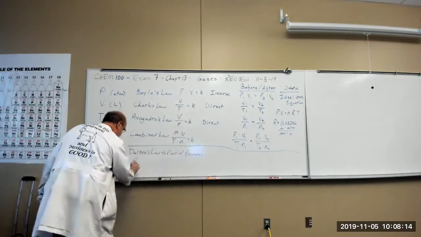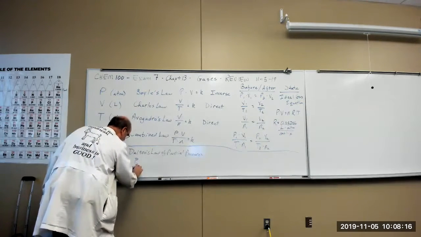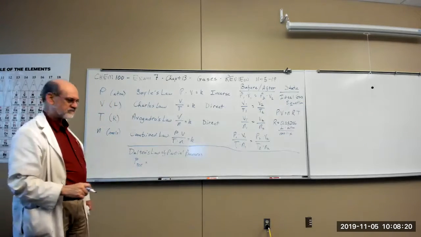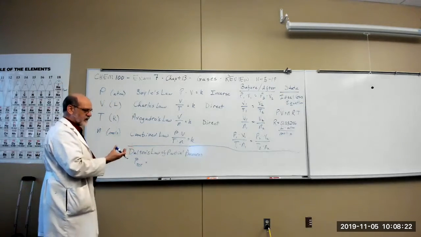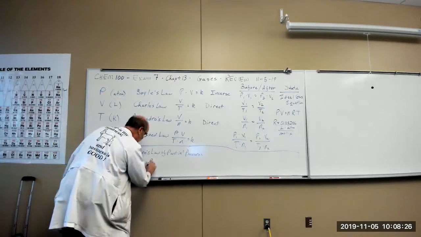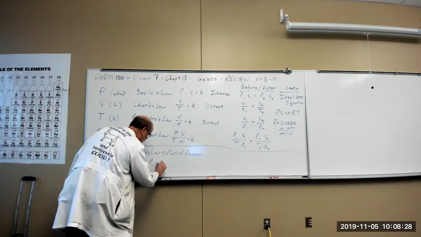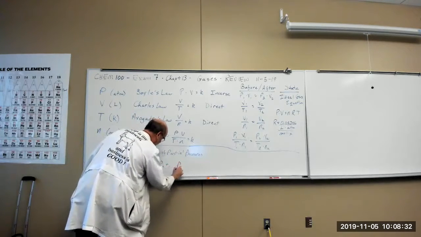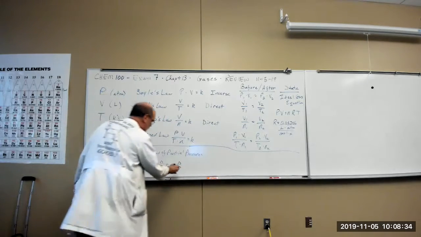And remember, the total pressure exerted by a mixture of gases in a container is the arithmetic sum of the pressures of each of the individual gases. Out to however many you have, it doesn't matter how many.